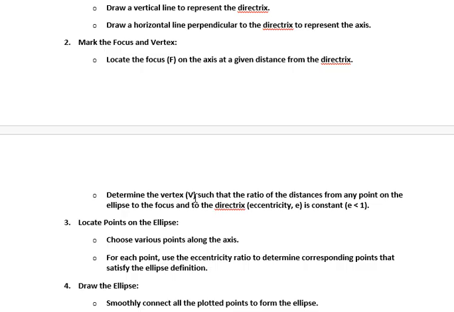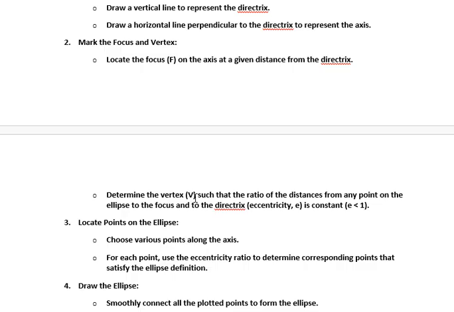Suppose it is a hyperbola, the vertex point will come closer to the directrix, that is, less than 50. For example, if it is 100 mm distance between focus and directrix and it is a hyperbolic curve, the vertex point distance from the directrix will be less than 50 mm. So the vertex is the moving point between the focus and directrix.